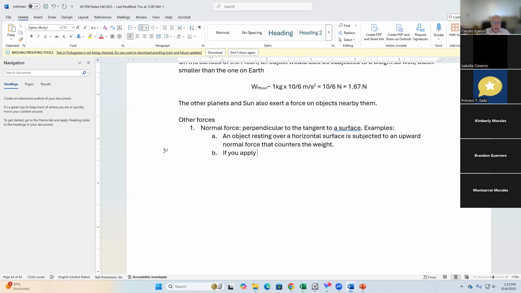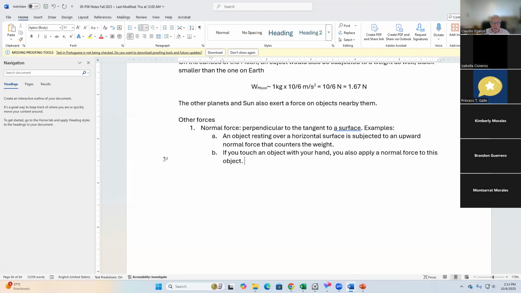If you touch an object with your hand, you also apply a normal force to this object. The normal force doesn't have to be in the vertical or upwards.